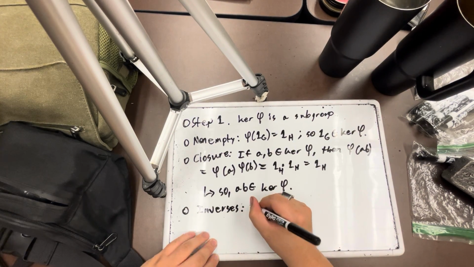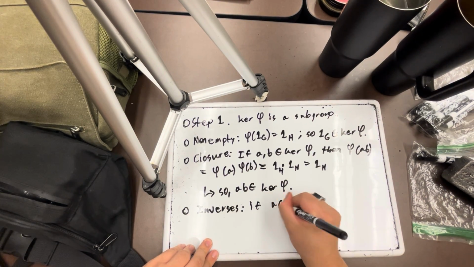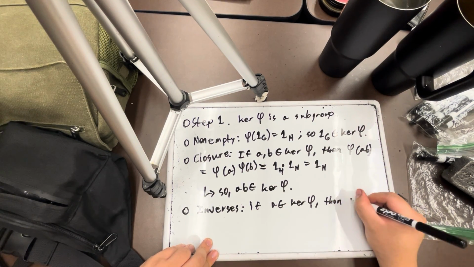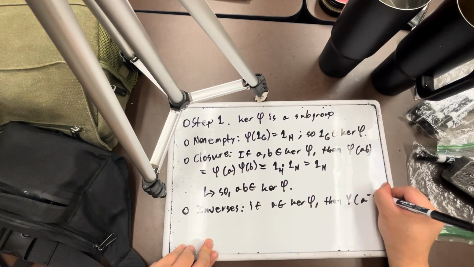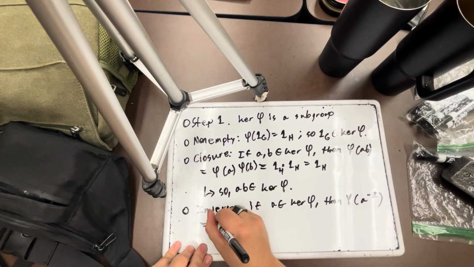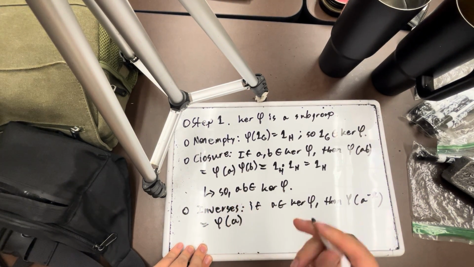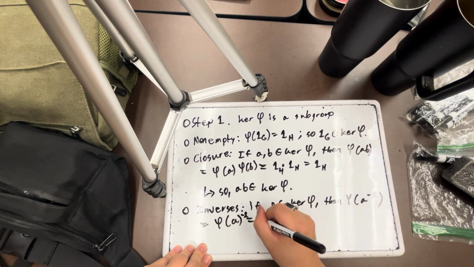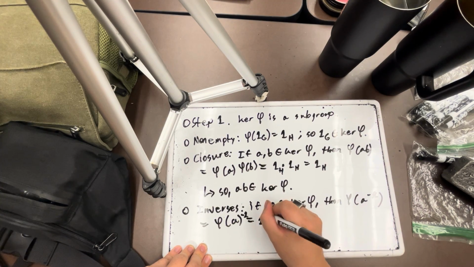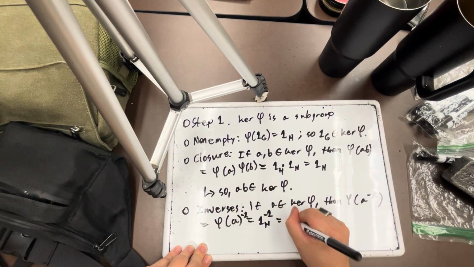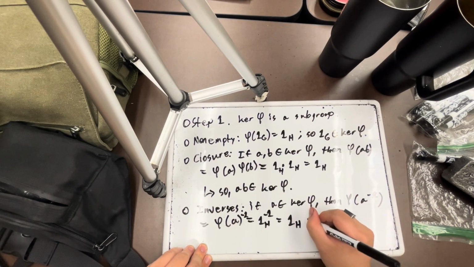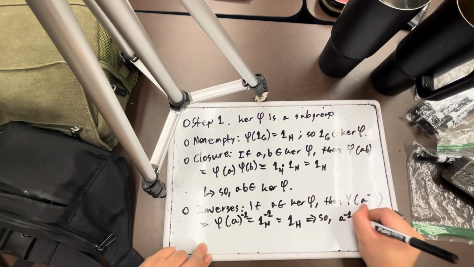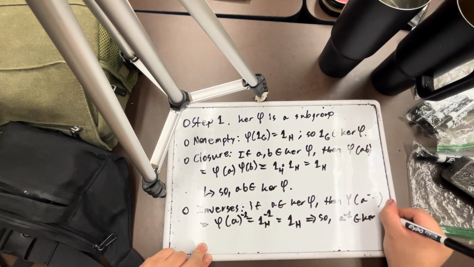Well, for inverses, if a is contained within the kernel of phi, then phi of the inverse of a is equal to the inverse of phi of a, which is equal to the inverse of the identity of H, which is equal to the identity of H. So a inverse is contained within the kernel of phi.